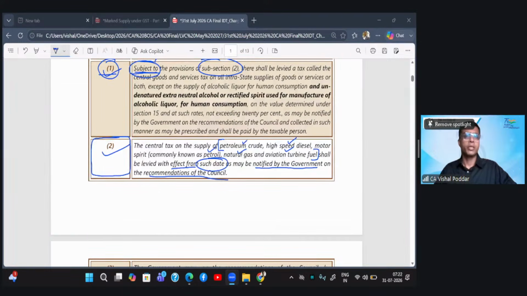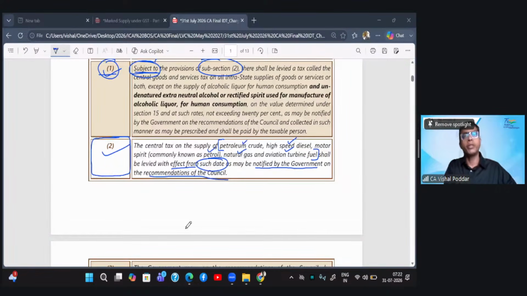Now, subsection 2, which is superior, we have understood what it says: keep these 5 products outside of GST for the time being. So you can say a total of 6 things are outside GST. The first thing which is outside GST is alcoholic liquor for human consumption, and this is outside GST as per the Constitution itself.